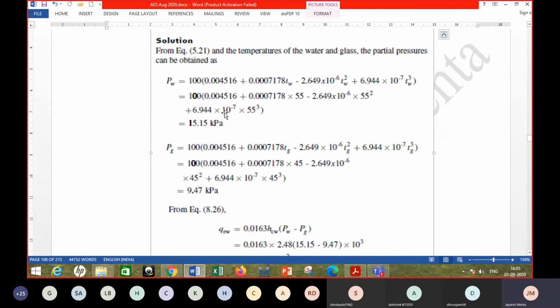So that would be available from steam table, or such a formula has been given where you can just put the temperature and you get the corresponding vapor pressure. So what you might do is find the number with this formula as well as get it from the steam table and just compare the values. They should be very close to each other.